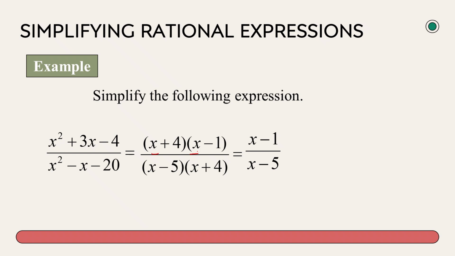X and x. Two x's. For negative 4, we have a positive and a negative. So negative 4 because 4 times negative 1 equals negative 4. And if we add 4 plus negative 1, that is 3. So we get this one.